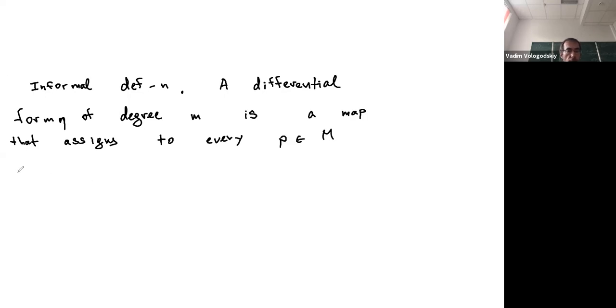Okay, so this eta assigns to every point p a vector, which I will denote eta of p, which is a vector in the cotangent space. So I take my manifold M, I have the tangent space to M at point P, and I have the cotangent space, right?